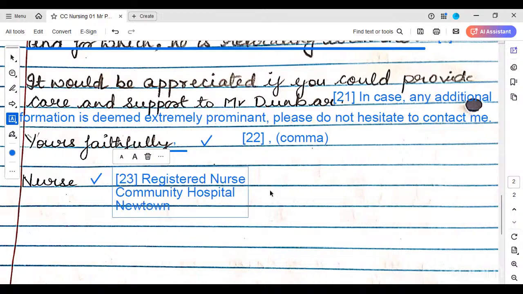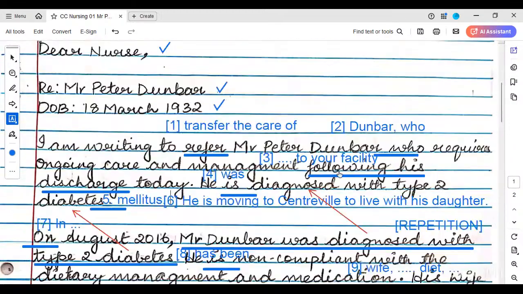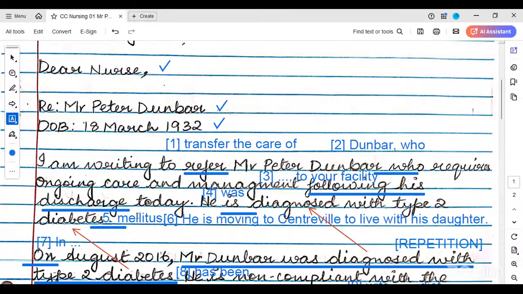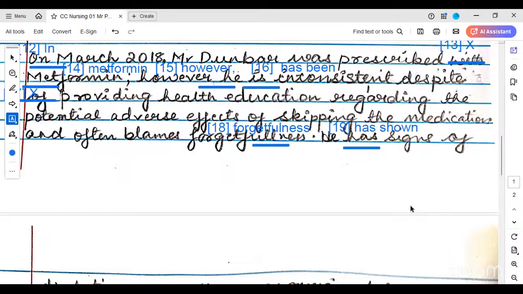He is moving from Newtown to Centerville. Here we know he is hospitalized in City Hospital Newtown, and you are working at a community health center in Newtown. Fine.